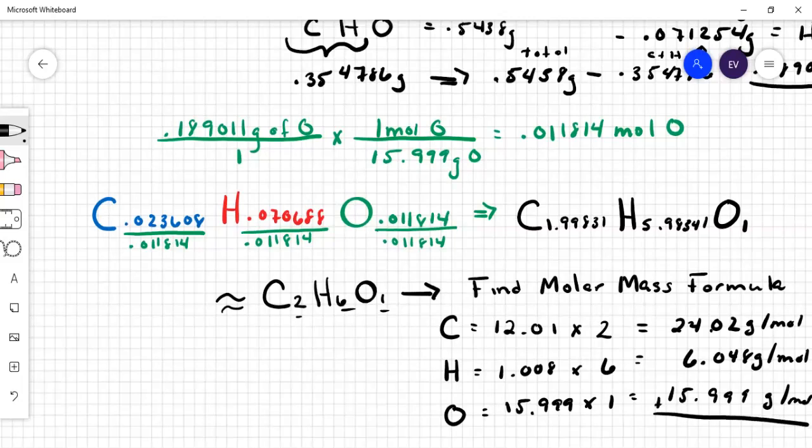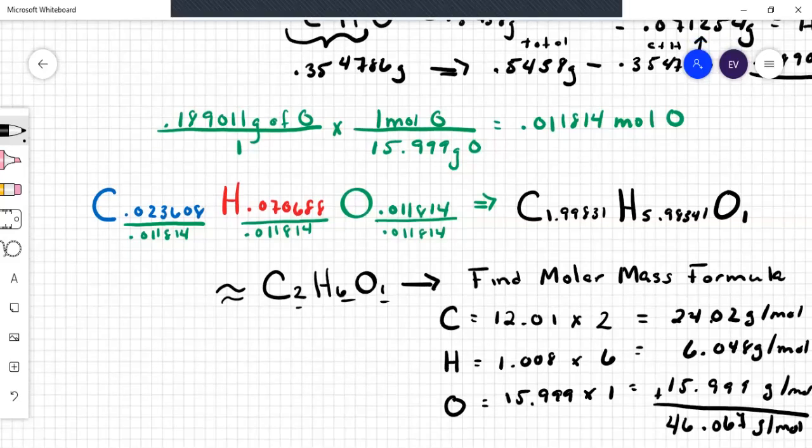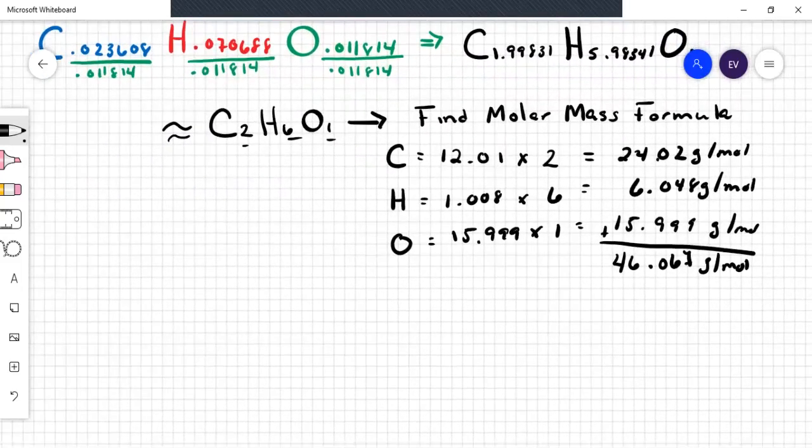If I add all these up, carbon plus hydrogen plus oxygen, I end up with 46.067 grams per mole.